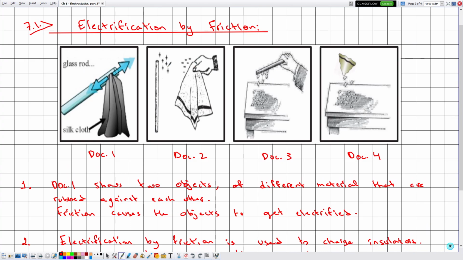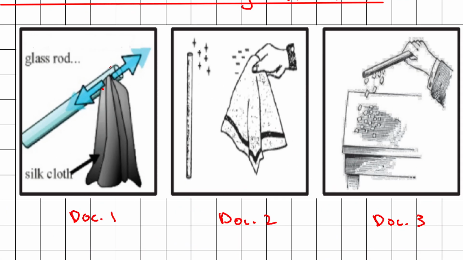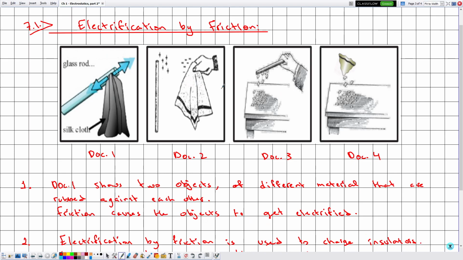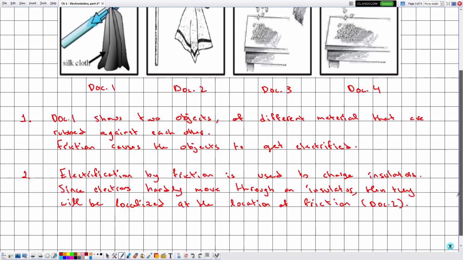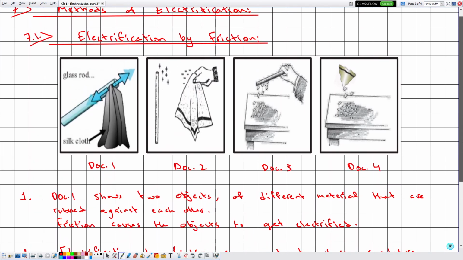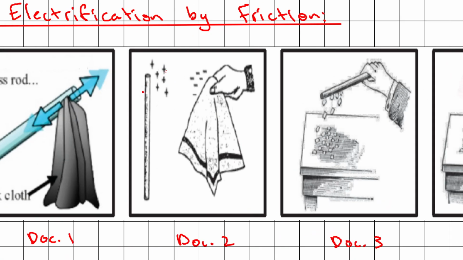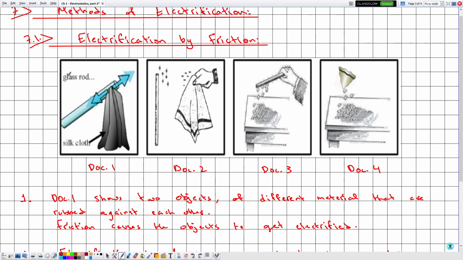Now since we are rubbing both objects together, one of them becomes positively charged and the other will become negatively charged. Now, which of the objects will become positively and negatively? This we cannot determine, and this will be discussed later. So now let's suppose that the glass rod is positively charged and this silky cloth is negatively charged. Now the thing is that the charges will only exist here at the place of the rubbing.